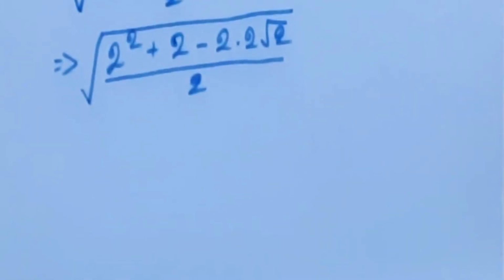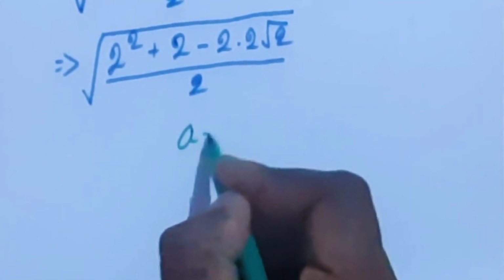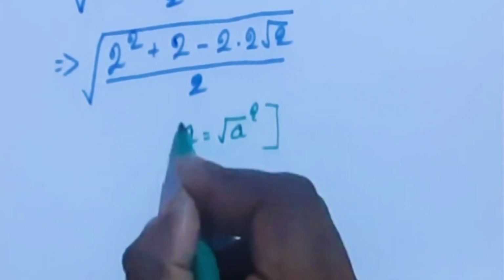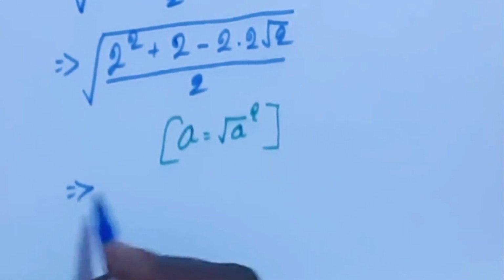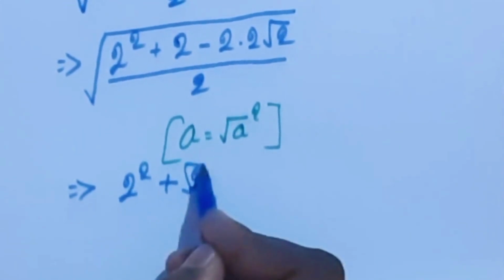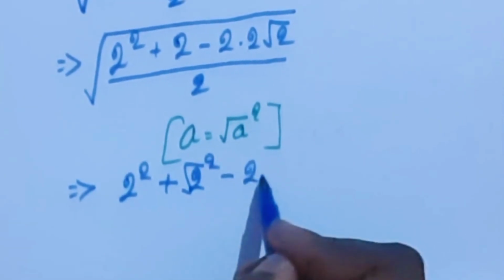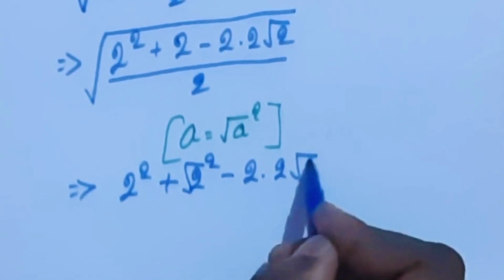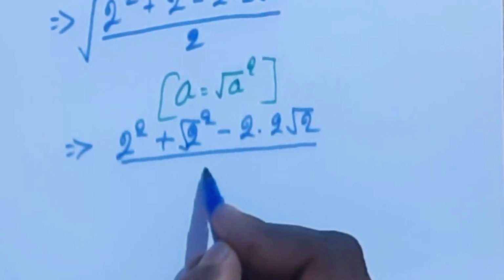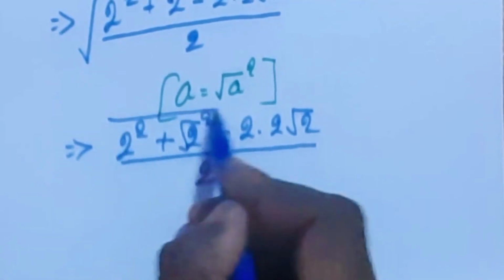Now here we are going to apply this formula, which is a equals the square root of a square. So 2 square plus the square root of 2 square minus 2 times 2 times the square root of 2, by 2, in whole square root.